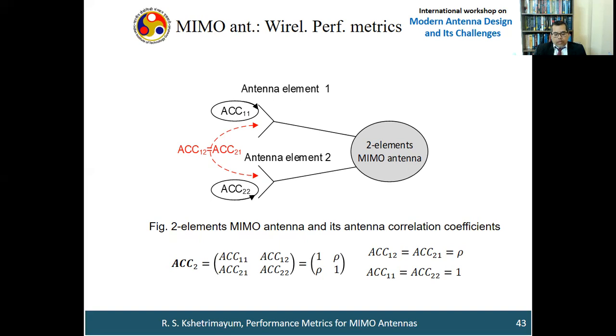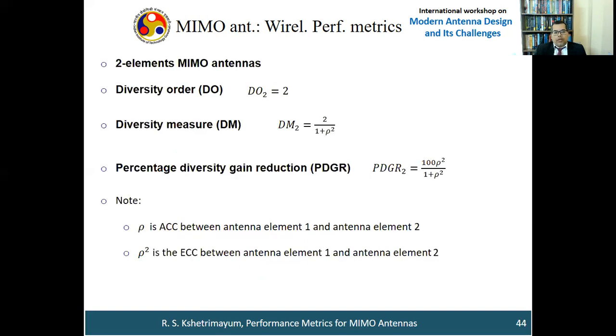And the cross-correlation we can denote by rho. That's the usual notation people use in the literature for the antenna correlation coefficient. So let us find out the diversity order for this 2-element MIMO antenna, which is 2. The diversity measure can be calculated from the Frobenius norm and the trace of the antenna correlation coefficient matrix.